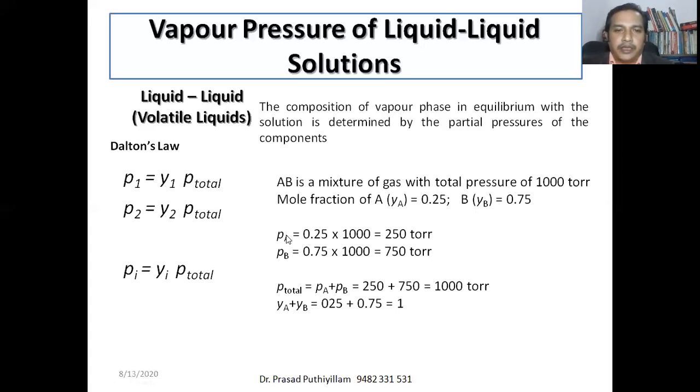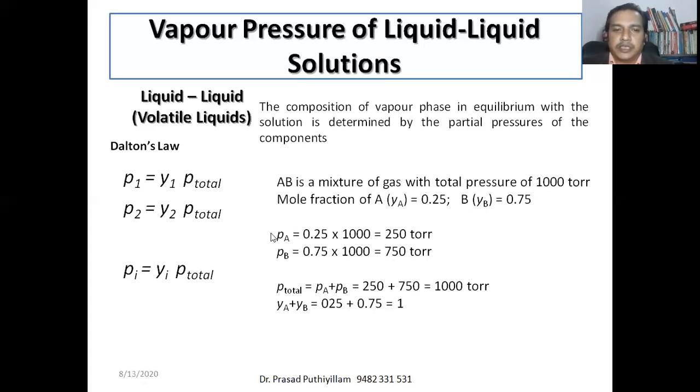Calculating the partial pressure due to A as per Dalton's law, Pa is equal to Ya multiplied by P total, that is 0.25 times 1000. It becomes 250 torr. For component B, it becomes 750 torr. Therefore, if you consider the total value Pa plus Pb, it becomes 1000, and Ya plus Yb becomes 1.